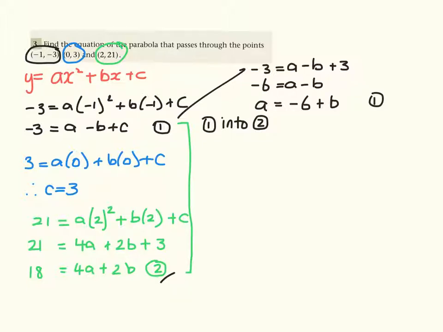So my second equation is down the bottom. So that gives me 18 equals 4 lots of a. Well, a is -6 plus b, plus 2b. So now I'm going to solve for b. So -24 plus 4b plus 2b.